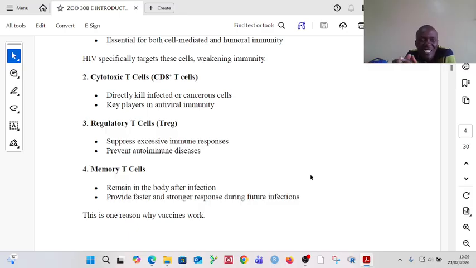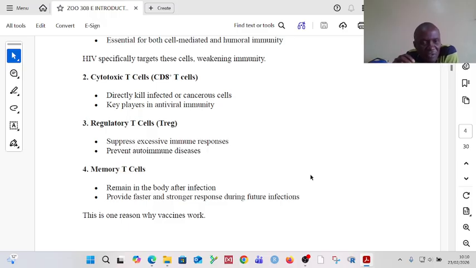And this is mainly how vaccines work. With a vaccine, you are giving someone a pathogen which has been attenuated. That pathogen leads to the production of T cells. Some of those T cells will not be destroyed. They will remain in the body. So the importance of activating those T cells is that they are kept in memory as memory T cells.